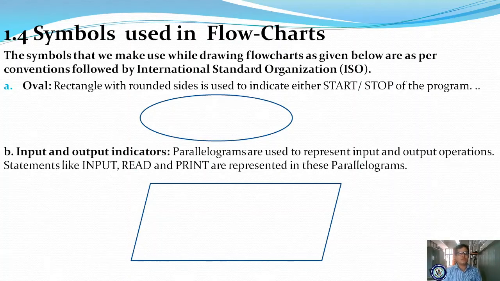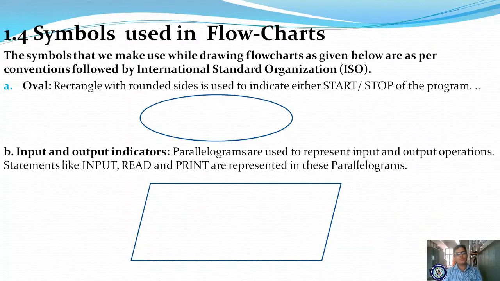Okay. For example, here the first one is the oval. A rectangle with rounded sides is used to indicate either the start or stop of the program. So here it appears as a round shape. This round shape indicates the starting of a program as well as the stopping of a program in your flowchart. And then input and output indicators.